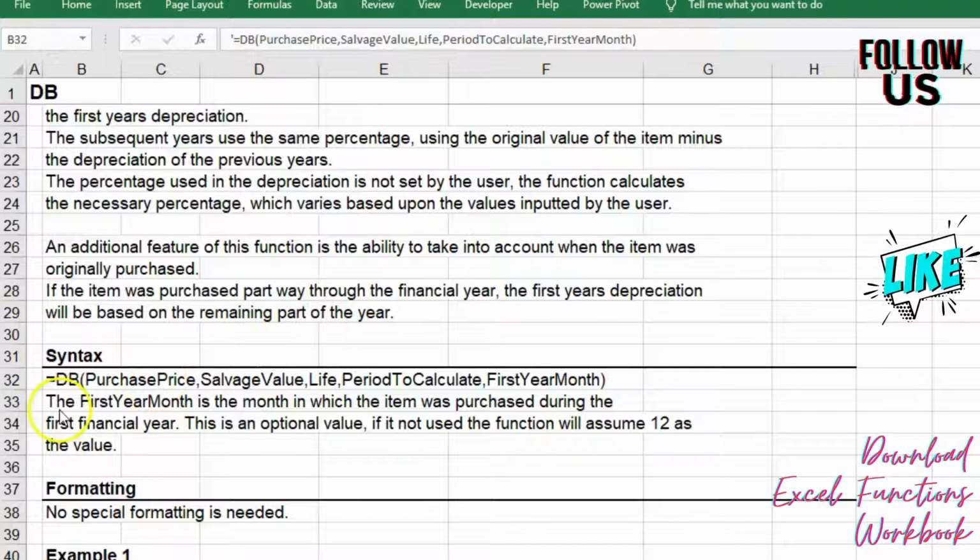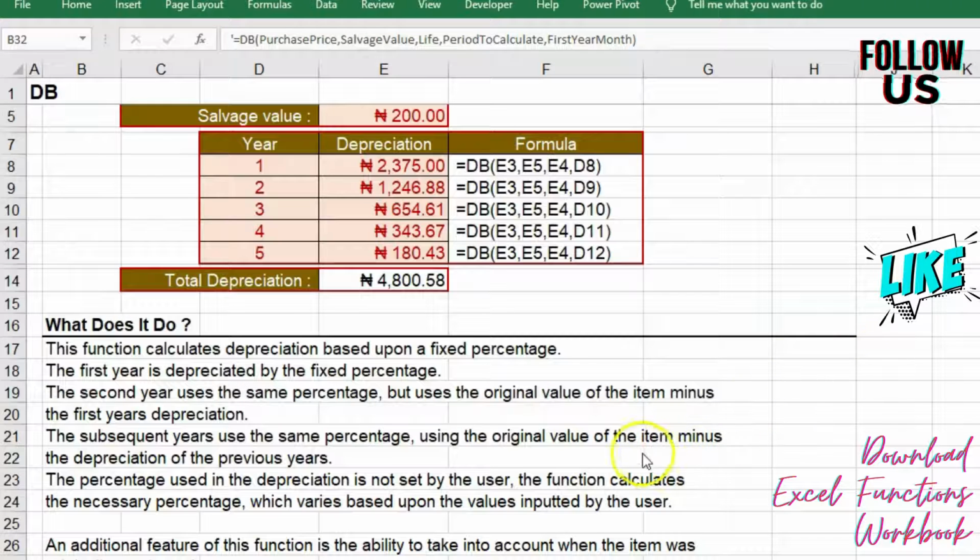So the syntax is dB bracket purchase price, salvage value, life, period to calculate, first year month. The first year month is the month in which the item was purchased during the first financial year. This is an optional value. If it is not used, the function will assume 12 as the value.